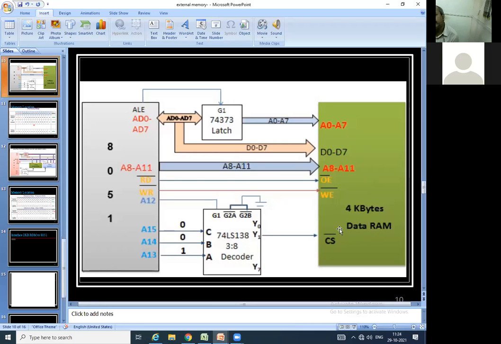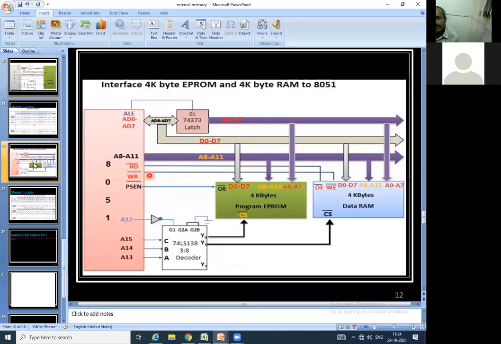So what is the difference between the RAM and ROM? That also we have seen in this particular slide. If it is the ROM, then only the OE bar is present. And in the RAM, OE bar and WE bar. The reason I told was that in RAM we can read and write, but in ROM only read operation is possible.